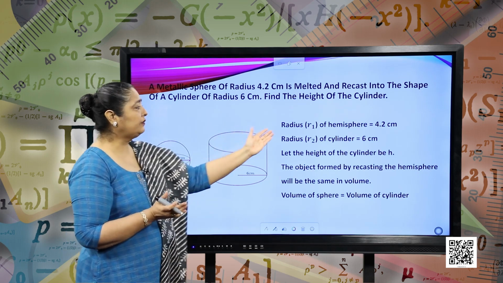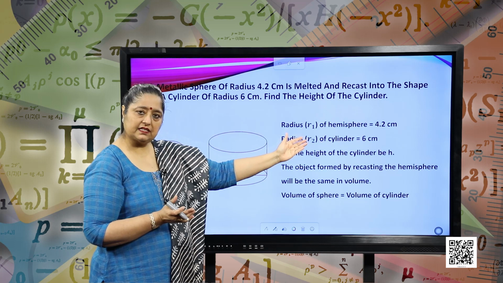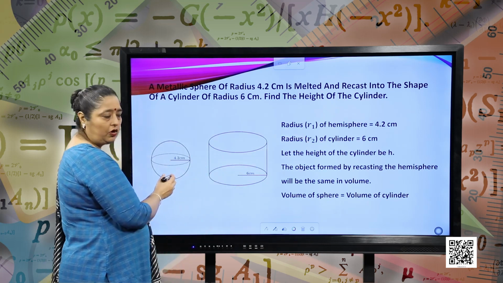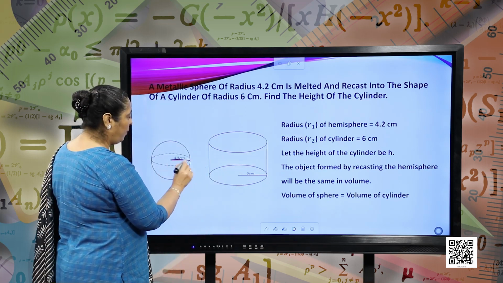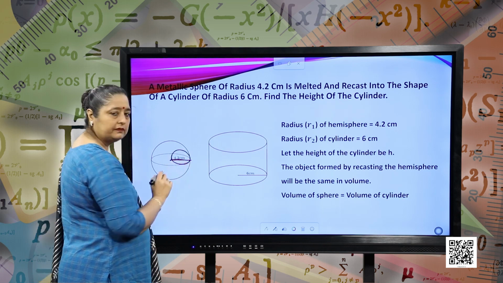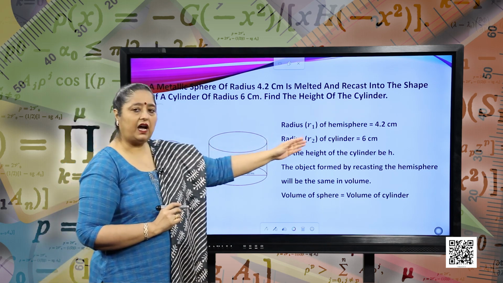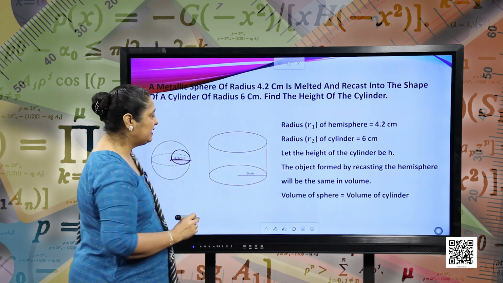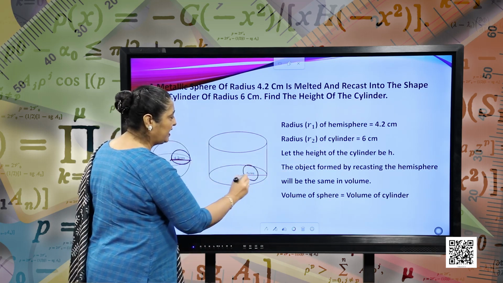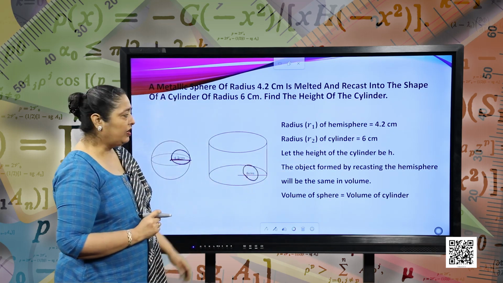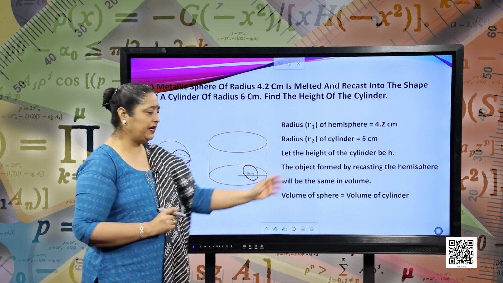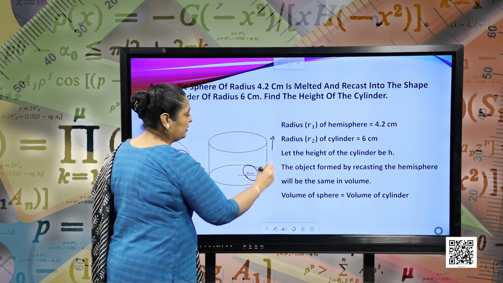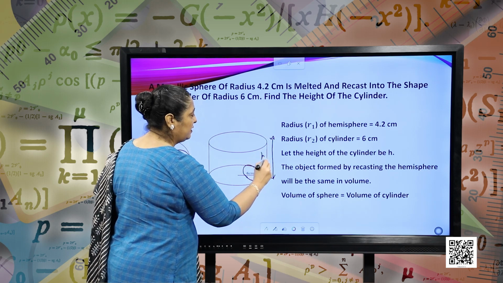So, the radius of the sphere, let us take it as R1, which is 4.2 centimeter. Radius of the cylinder, R2, is 6 centimeter. Now, let us take the height of the cylinder to be h.